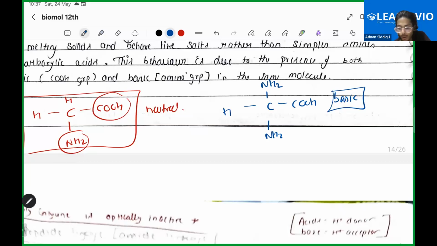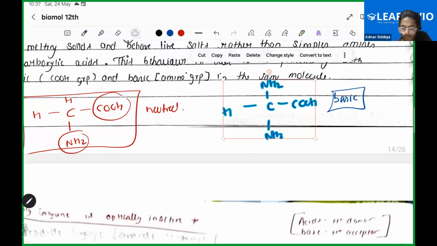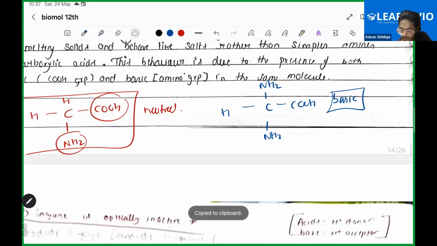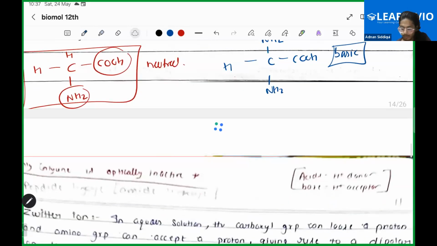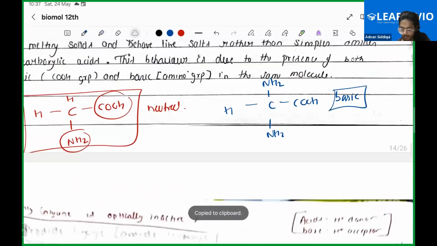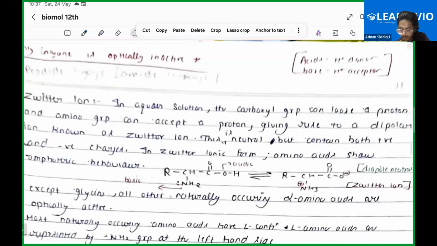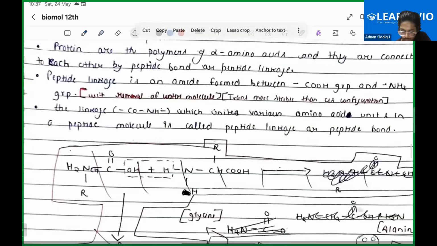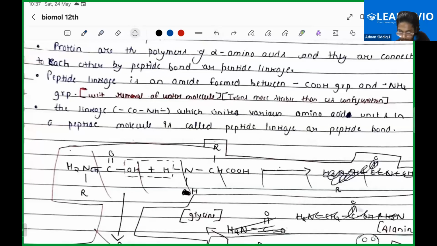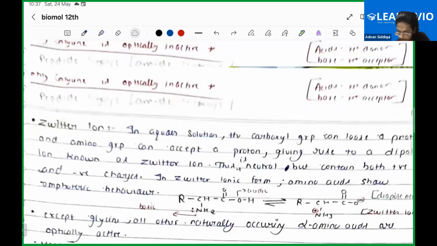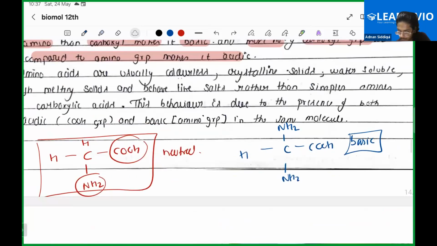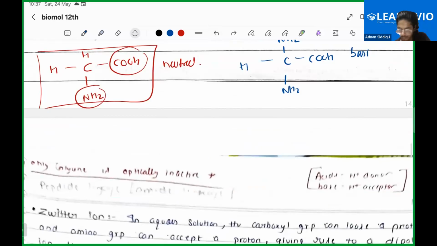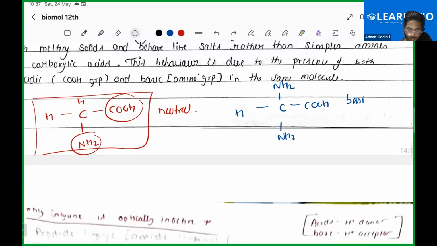Or if we have two carboxylic groups like this, it will be acidic.